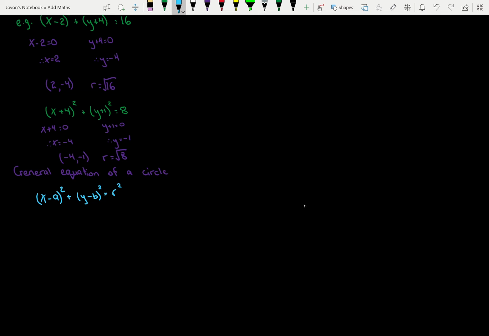So if we expand this, we get x squared minus 2ax plus a squared plus y squared minus 2by plus b squared is equal to r squared.